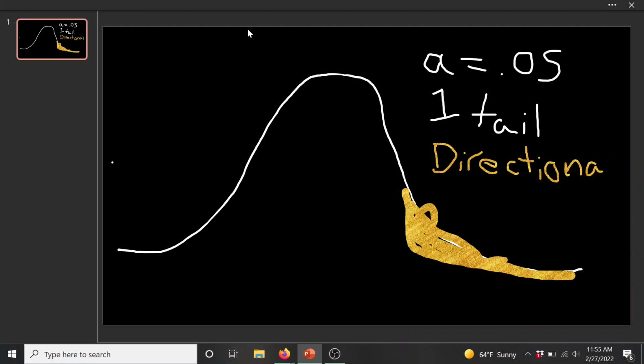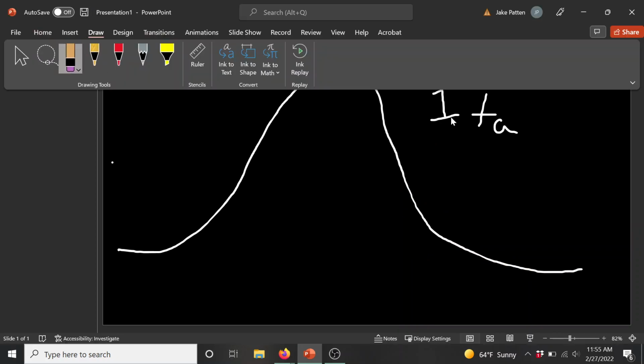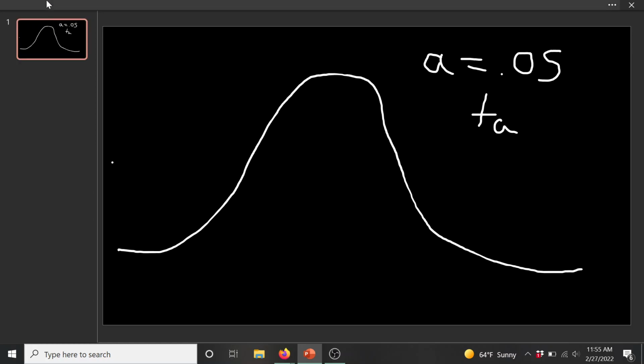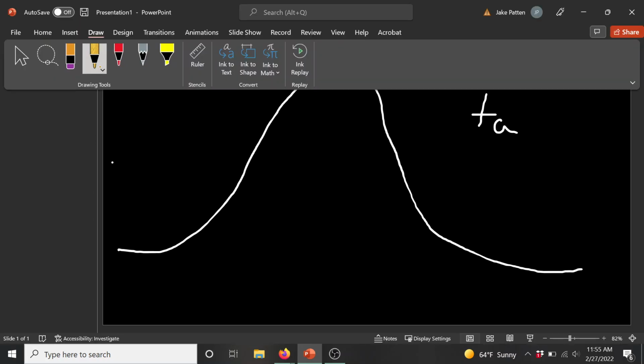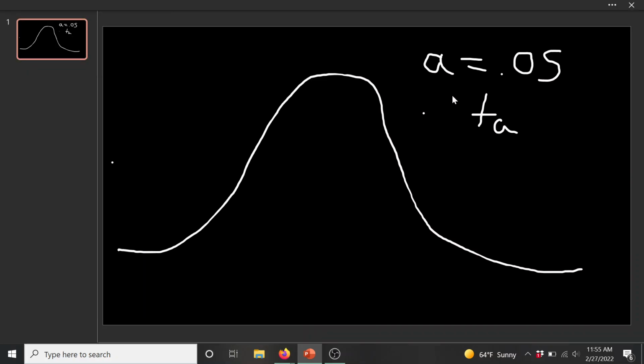Problem comes in when we switch to two-tailed, right? So let's look at that now. If we're going to do two-tail, we come over here and we're going to make a tail here and we're going to make a tail here.